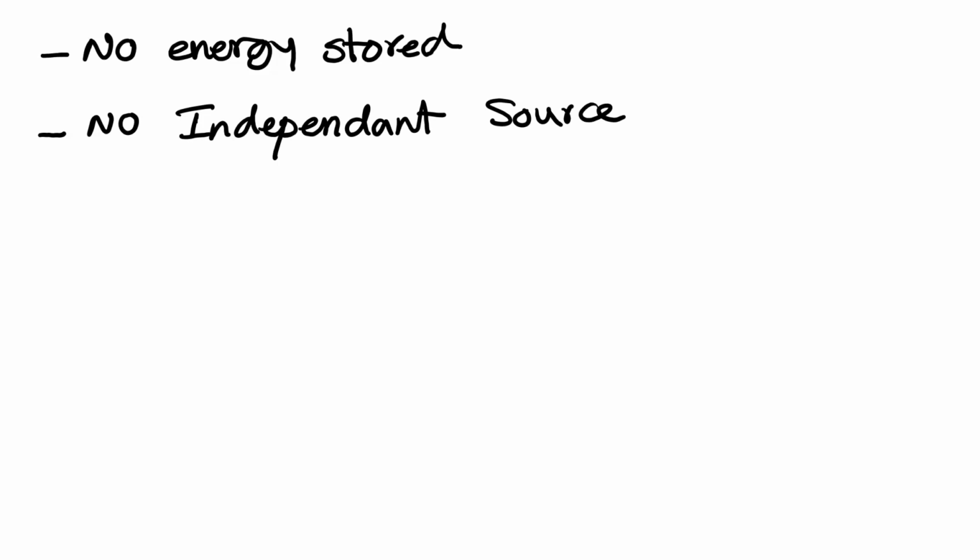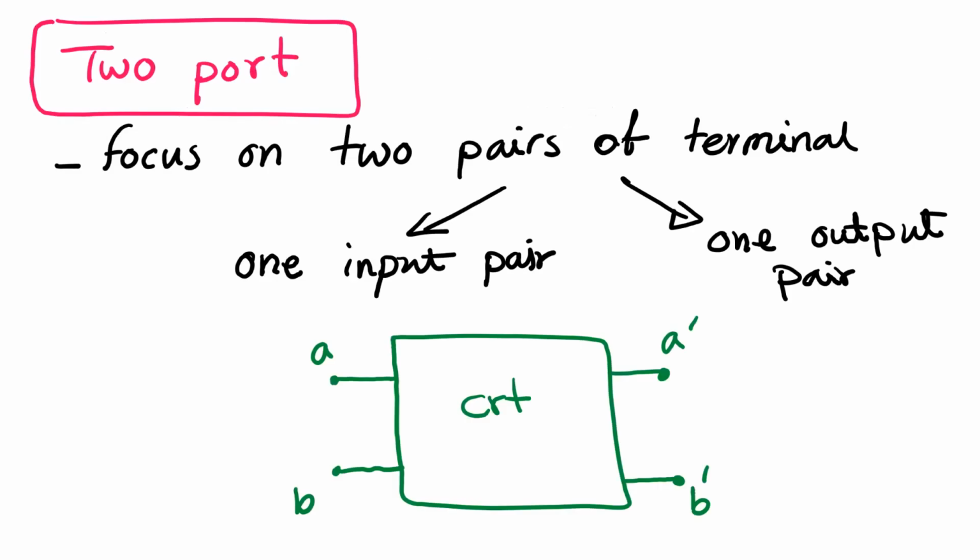The third feature that you should be aware of is that each terminal has a current. So for example, here I have I1 and V1, and on the other terminal I have I2 entering and V2.